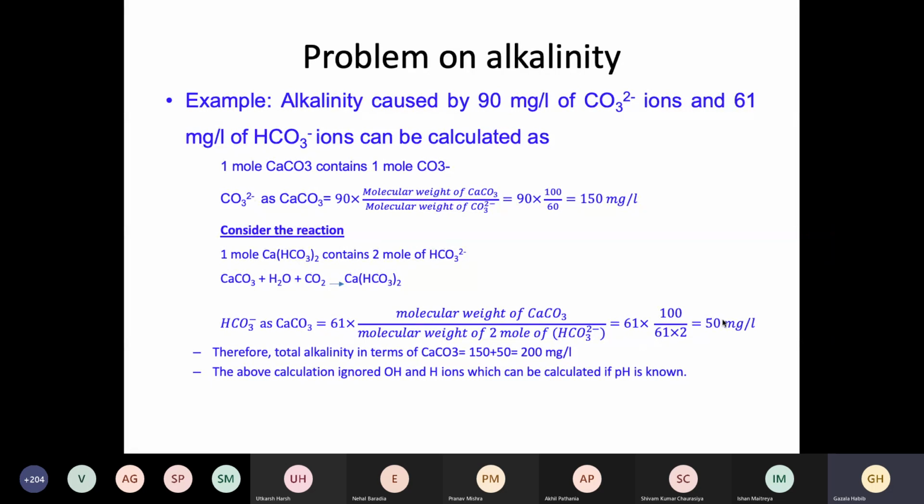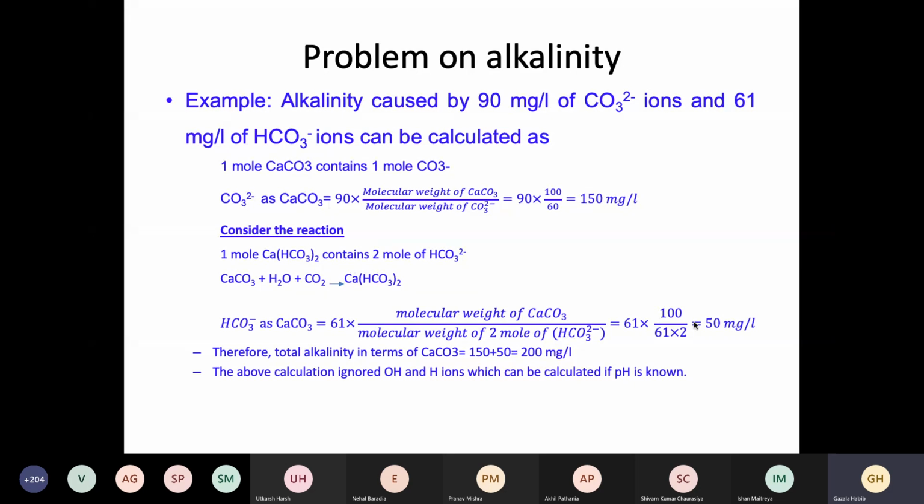So 2 into 61. 1 mole of calcium carbonate is needed to get calcium bicarbonate, where 2 HCO3 is associated. Therefore, this is 50. Now the total alkalinity of carbonate and bicarbonate is 150 plus 50, which is 200.